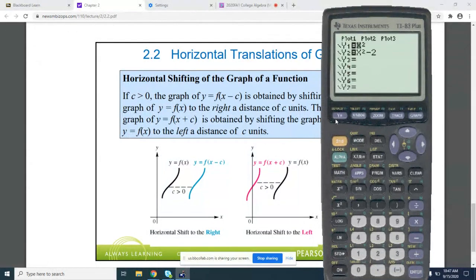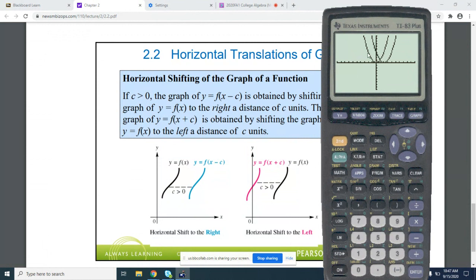All right, so I'm going to go back into y equals. I'm going to clear out y sub 2, and we're going to put that right shift function. So I want to put in a set of parentheses, x minus 2, close off my parenthesis and square it, and this should shift our parabola to the right 2 units.